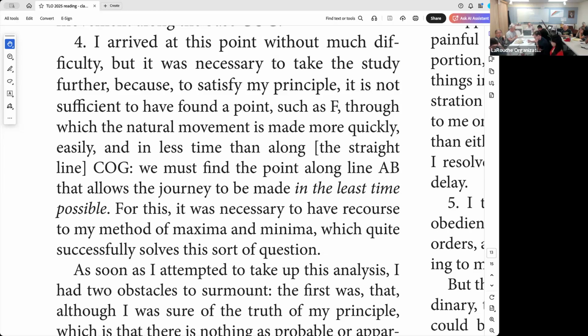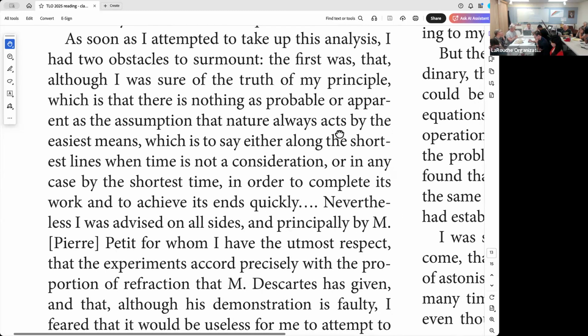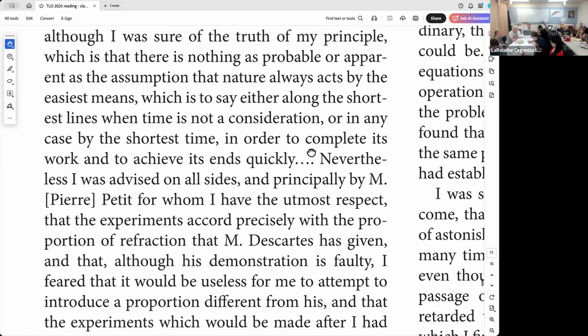For this, it was necessary to have recourse to my method of maxima and minima, which quite successfully solves this sort of question. As soon as I attempted to take up this analysis, I had two obstacles to surmount. The first was that although I was sure of the truth of my principle, which is that there is nothing as probable or apparent as the assumption that nature always acts by the easiest means, which is to say either along the shortest lines when time is not a consideration, or in any case by the shortest time in order to complete its work and to achieve its ends quickly.